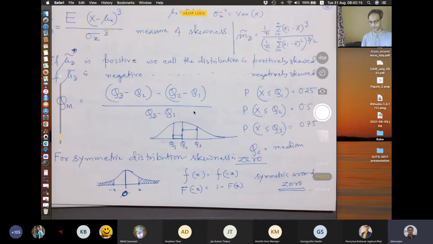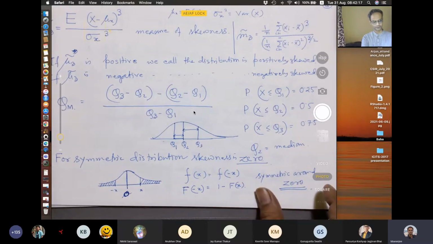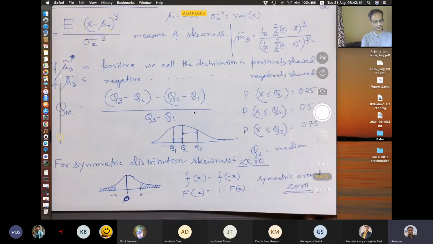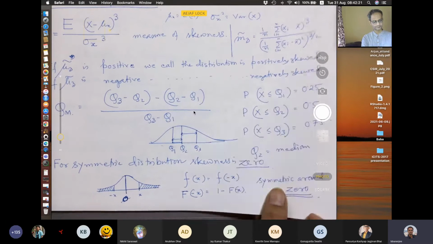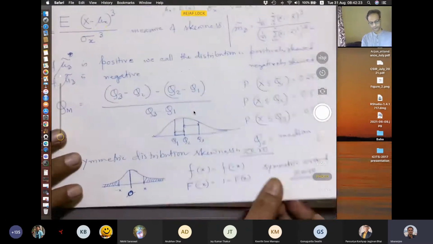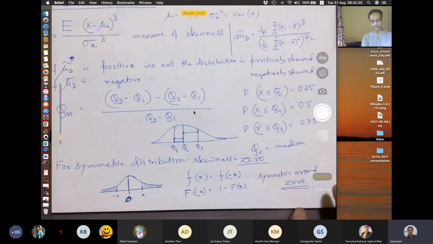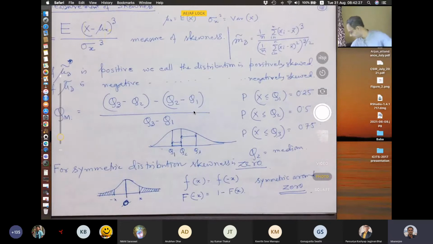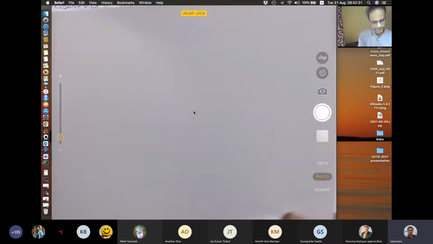Let me talk a little bit about quantiles, because those are very simple things, but if you don't know the terminology, you might be lost.